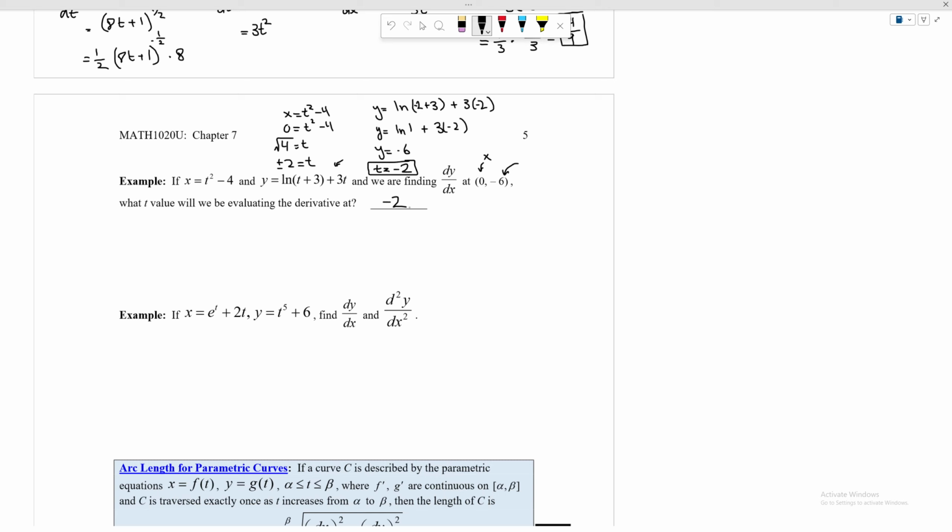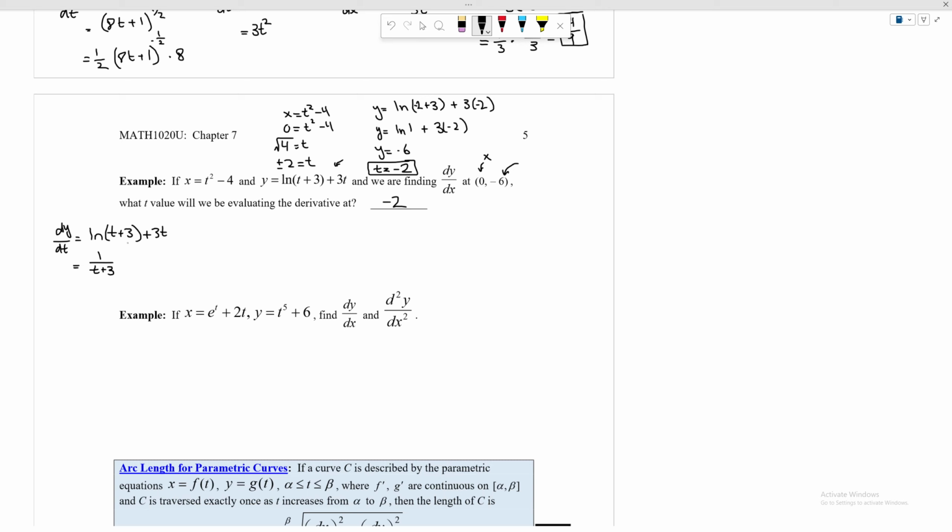Right? And so now it's saying we are finding the derivative, so you do the same thing we've been doing. You get your dy over dt, and then you differentiate. The derivative of ln of (t plus 3) is just 1 over (t plus 3) times the derivative of the inside.